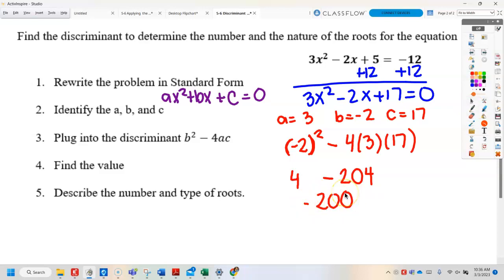If you have a negative 200, then what do you know about your solutions? Well, I know that there are 2 of them. It's negative, so they're imaginary. So there are 2 imaginary roots.